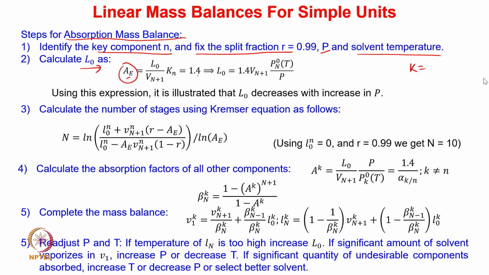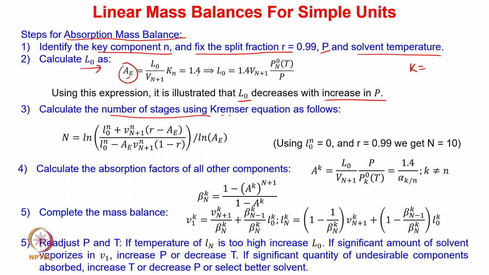Okay. So the next step is that we can calculate L naught here, and you can see that L naught decreases with increase in P. Once we have calculated L naught, then we have to calculate the number of stages.